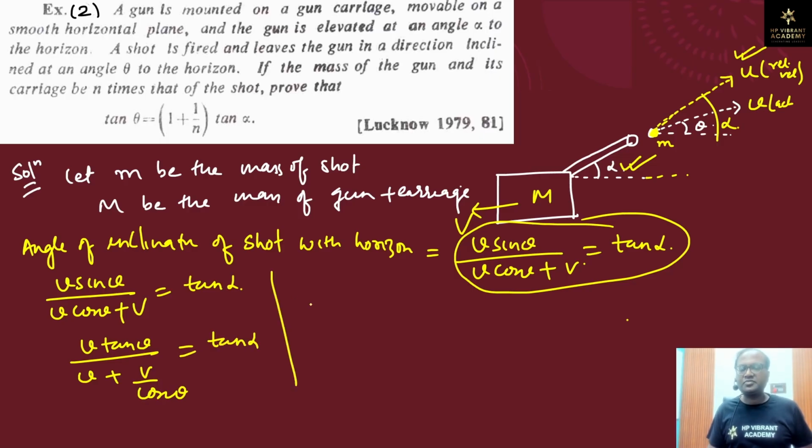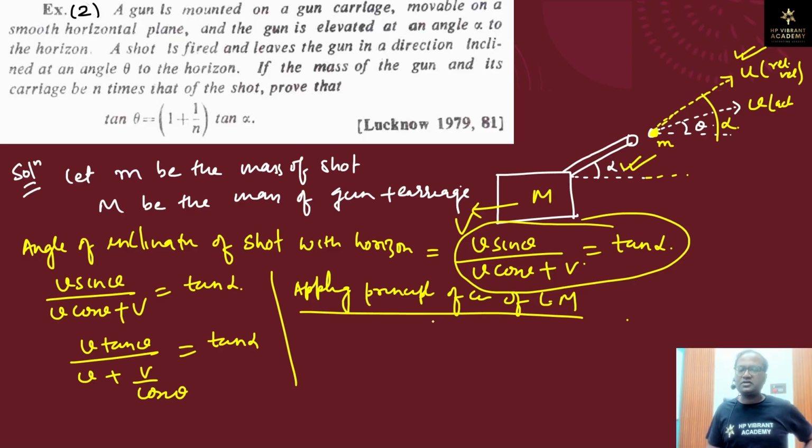Now let us apply the principle of conservation of linear momentum. Since there is no external force in the horizontal direction, the momentum before firing will be equal to the momentum after firing.